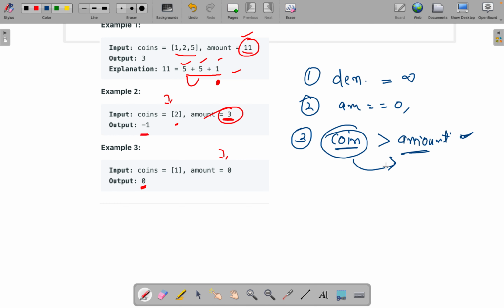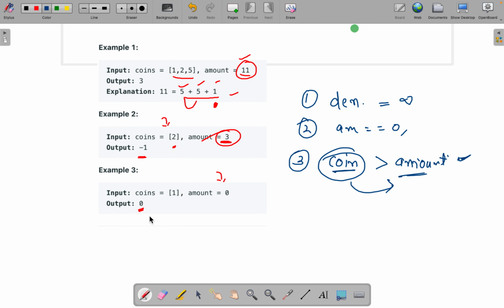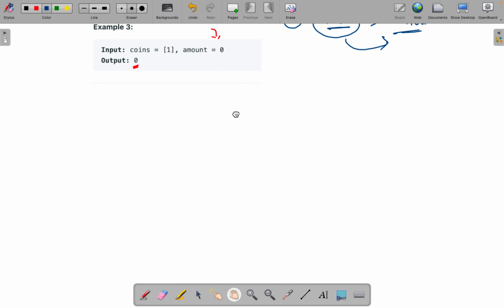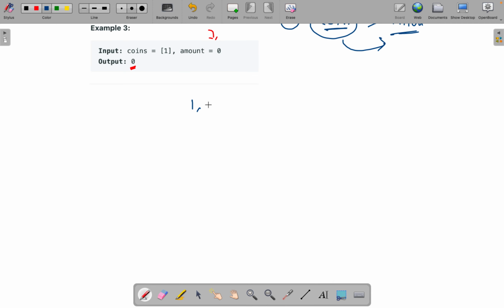In recursion we can understand this like, at any point of time, let's suppose I am at this point. Let's suppose I have 1, 2, 5 as the denominations and this is the amount, 11. Let's suppose I consider the 1.